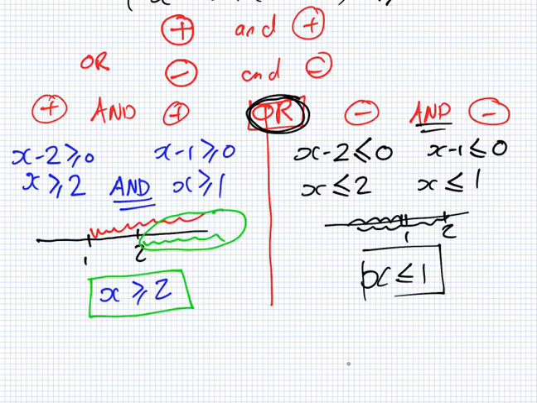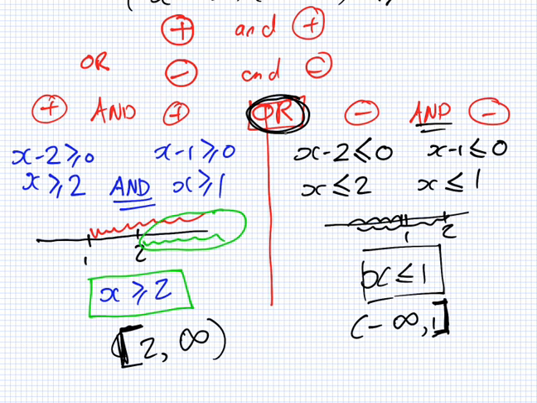So if you put your answers together, you have x must be smaller than 1. That means minus infinity to 1. Oh, sorry, we can include 1. And x must be bigger than 2. So 2 to infinity. So they're both acceptable. So that's the answer.